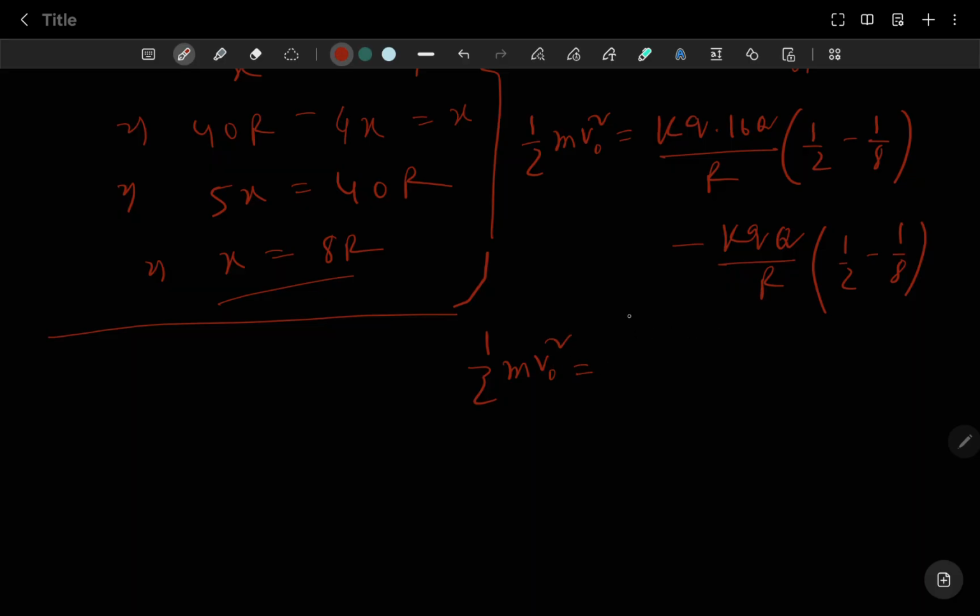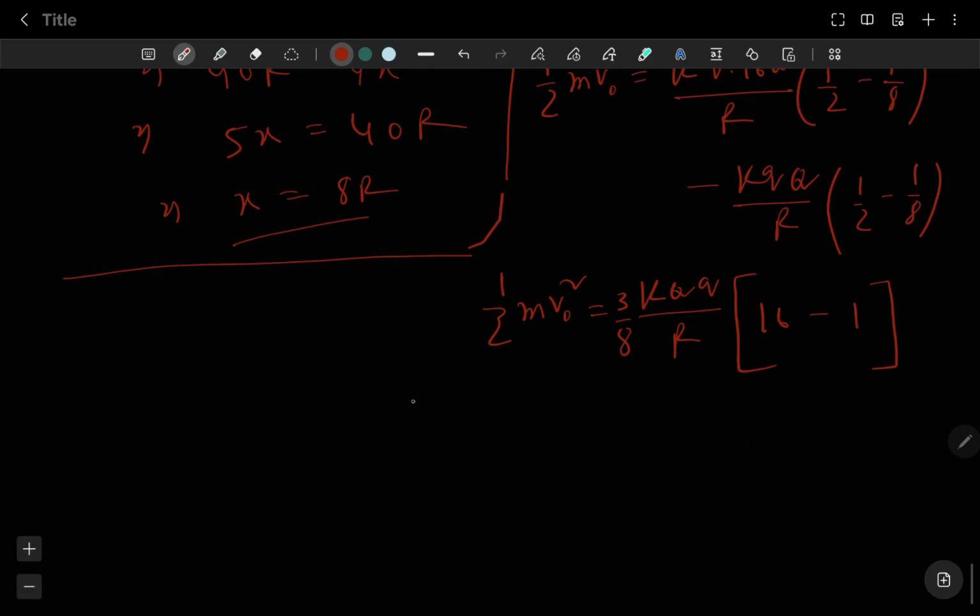KQQ by R is common, so it will be 4 minus 1, 3 by 8, right? So let's take 3 by 8 common also. So here it is 16 and here it is minus 1. Okay, so it is 15. So half m v0 square is 3 by 8 K Q by R into 15.